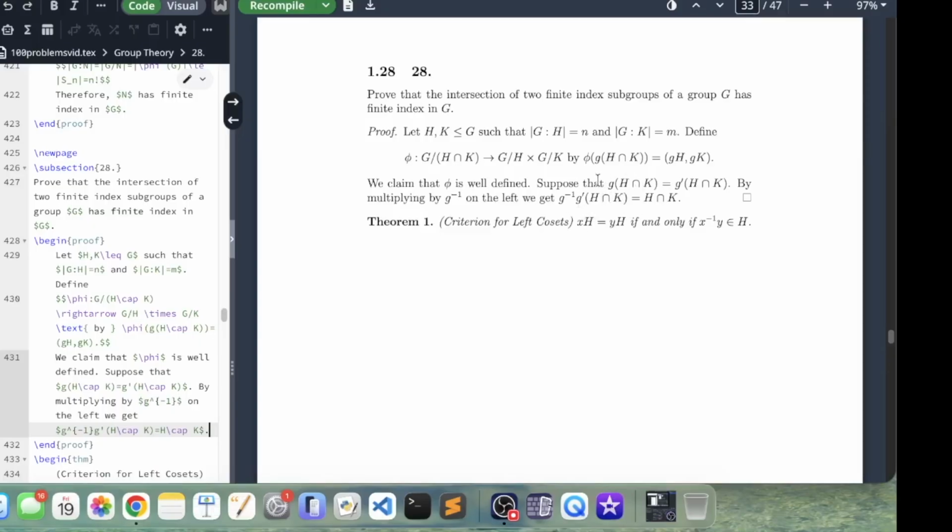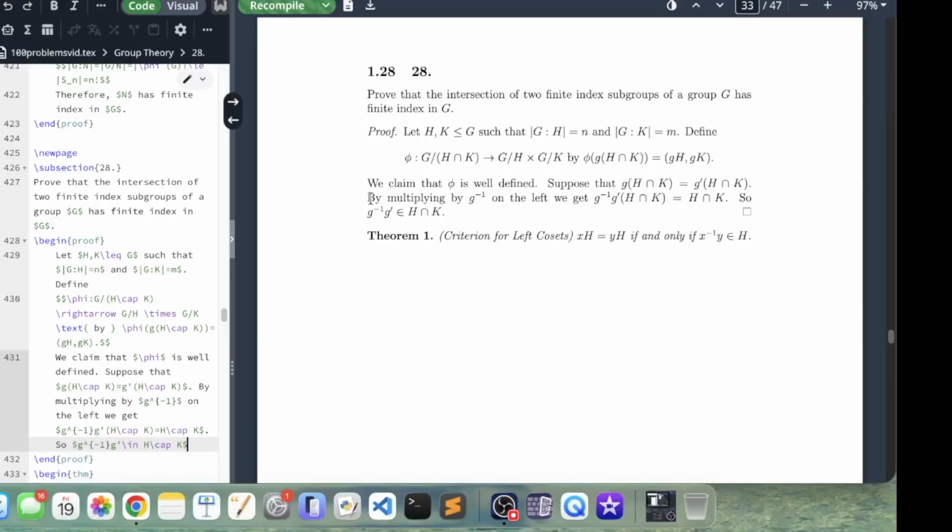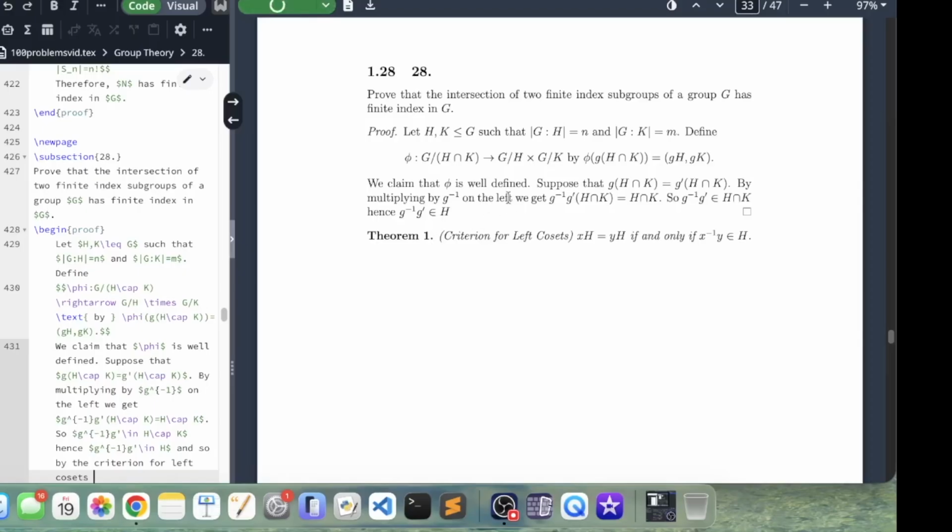We have this relationship, so we have that G inverse G prime is in the intersection, hence G inverse G prime is in H. And so by the criterion for left cosets, we can say that G prime H is equal to GH.